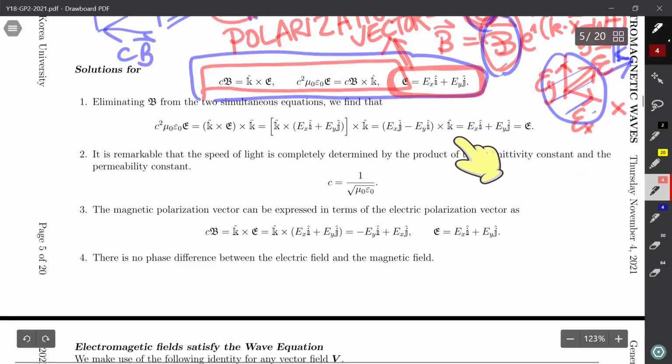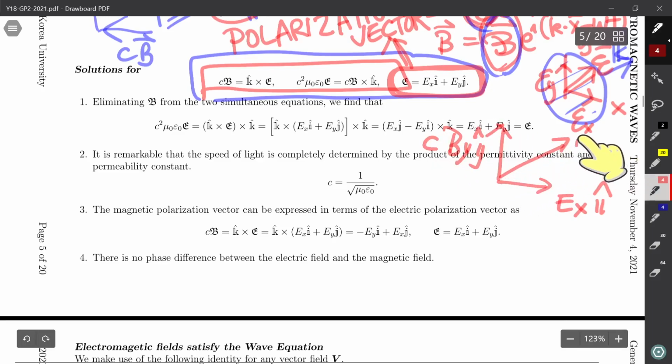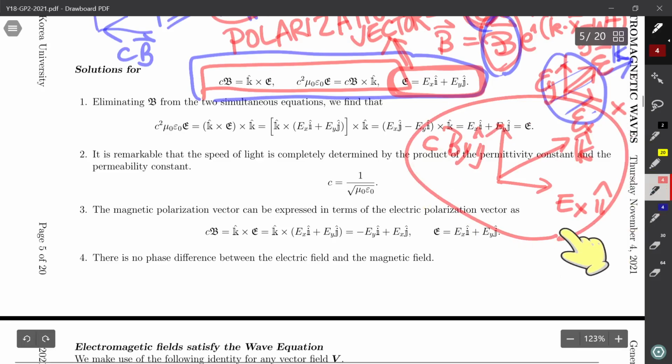So, if Ex exists along the x-axis, then the corresponding magnetic field is By, CBy, along the y-axis, and direction of propagation is k. In such a manner, electromagnetic fields are correlated.